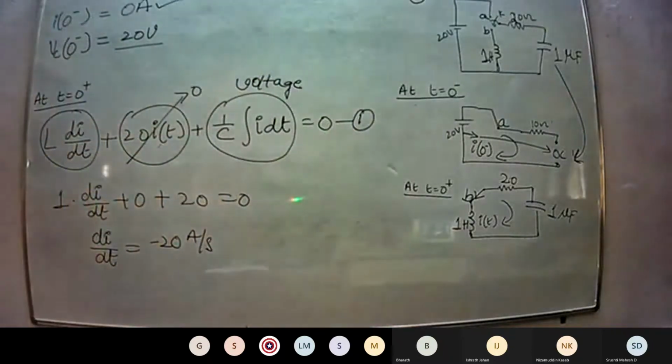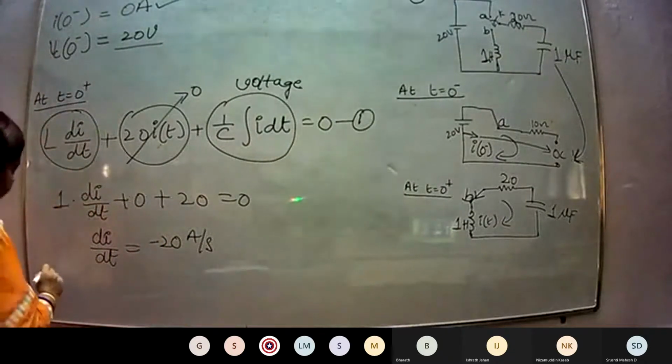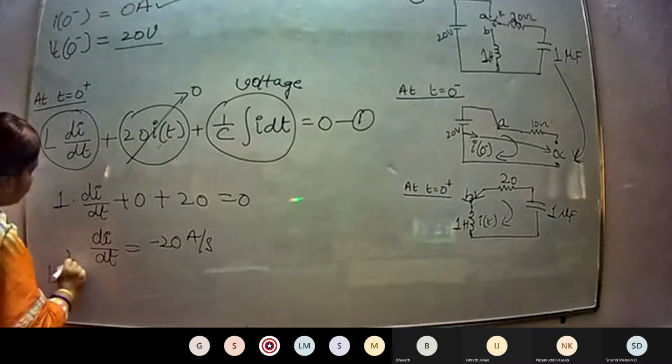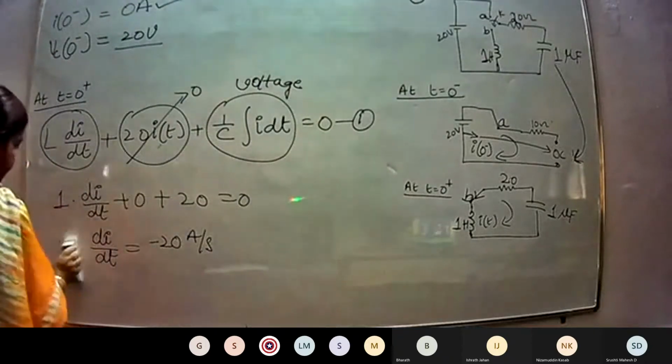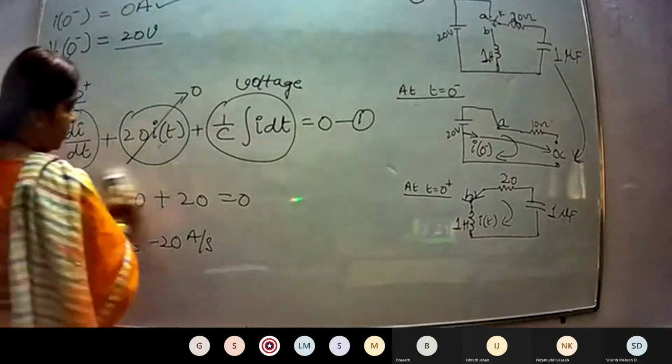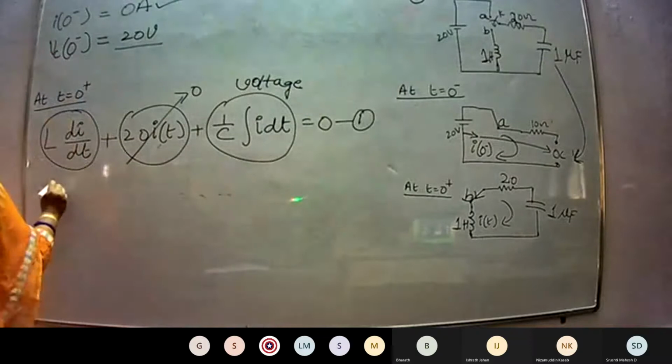Next, we have to find the second derivative. What will you do? We just differentiate it. So we are differentiating equation 1. What will we get on differentiating?